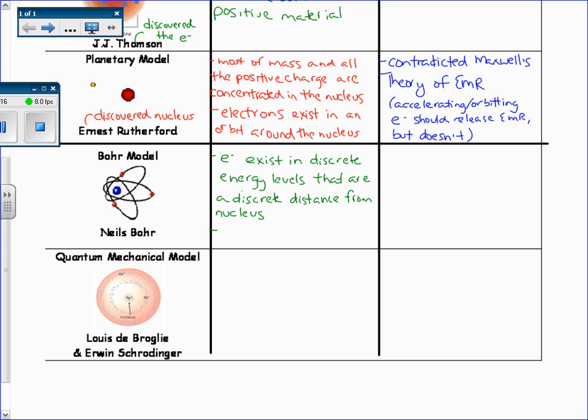And his model also talked about emission and absorption spectra. His limitations, first of all, it's only for hydrogen. And it didn't describe why discrete energy levels.